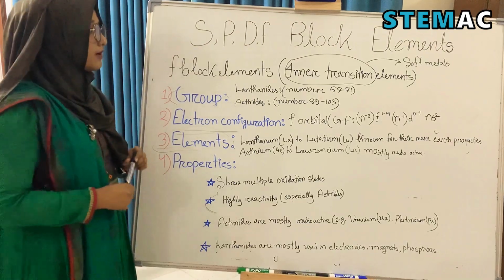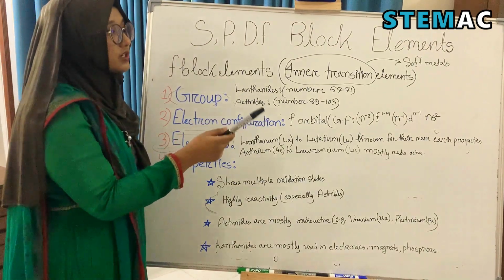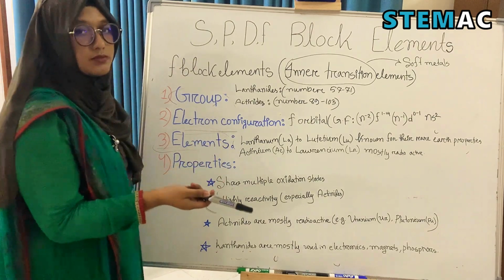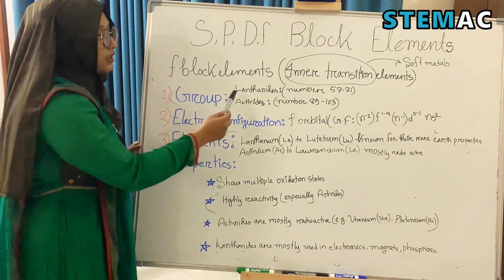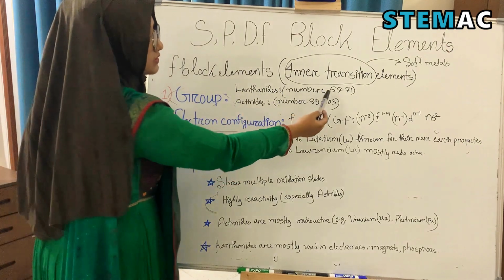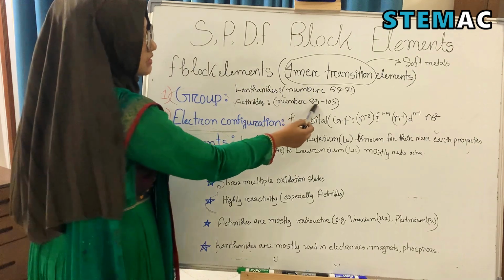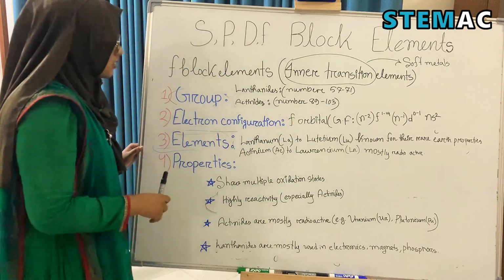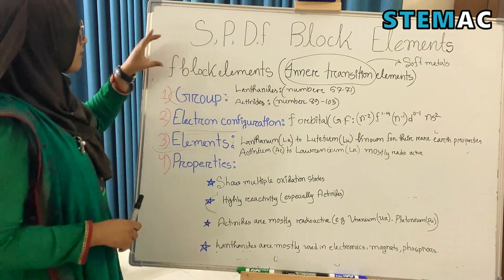We're going to talk about f block elements, which are inner transition elements. They are mostly soft metals, and they are present in the lanthanides, numbers 57 to 71, and the actinides, numbers 89 to 103. The lanthanide and actinide series contain the f block elements.